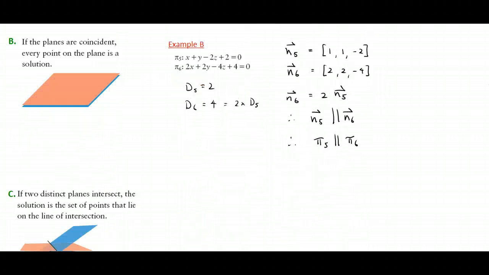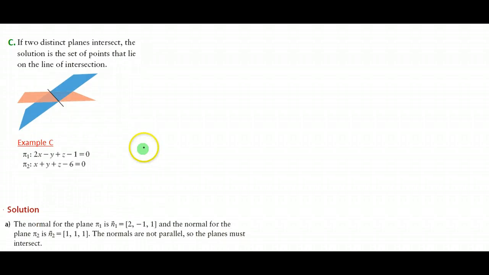The last case that we want to look at is situation C. And as I noted before, these planes are not parallel, and so they will intersect in a line. Still an infinite number of intersection points, but intersect in a line. Let's take a look at the normal vectors. So normal vector 1 is equal to 2, -1, 1.